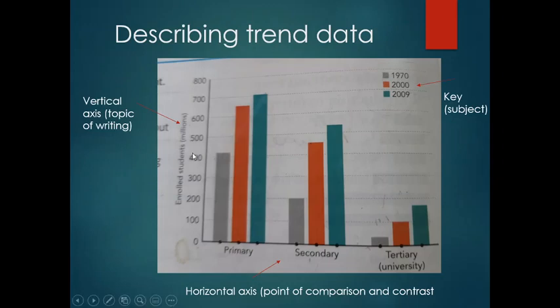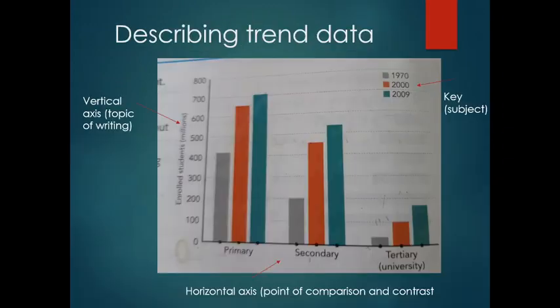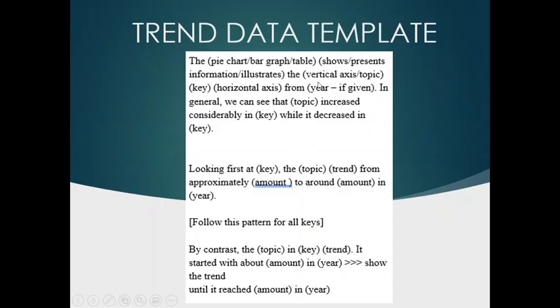You have to say it. So you can say in this case, in general, you can see that the number of students in all information in the horizontal axis increased dramatically.